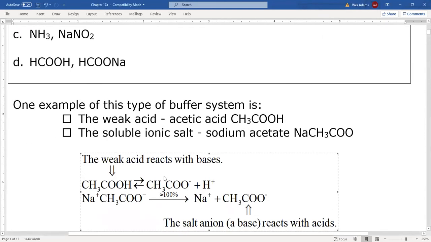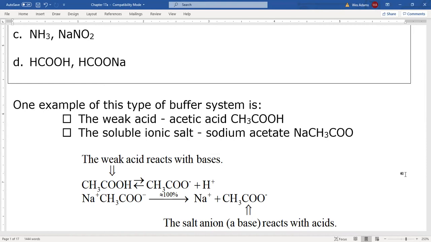So one example, as we mentioned, is the acetic acid with the sodium acetate. The weak acid will react with bases. The weak acid ionization is the acetic acid forming the acetate and a hydrogen ion. The sodium acetate, however, is 100% soluble and will form ions of sodium and acetate.